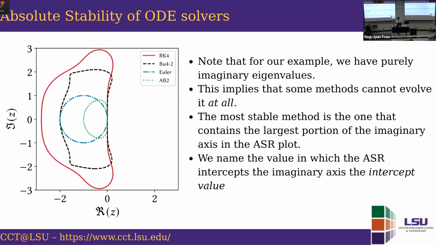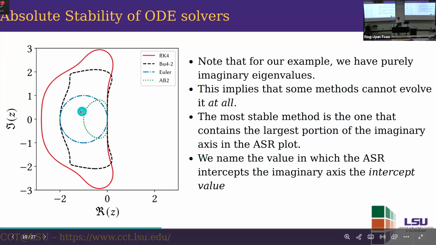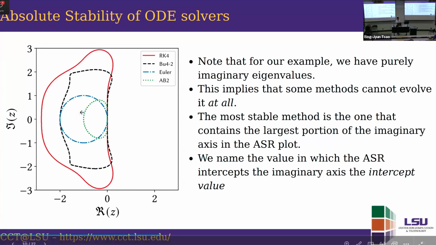region. And remember, because we have for the wave equation some purely imaginary eigenvalues, the Euler method would outright fail to evolve it because it does not contain any section, or at least no part of the imaginary axis, right? It just touches the imaginary axis here at the origin. Whereas RK4 actually contains a part of the imaginary axis of the absolute stability region, right?